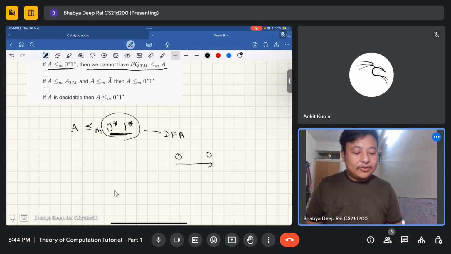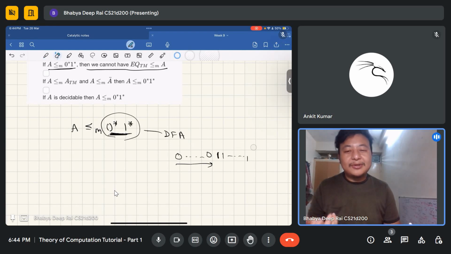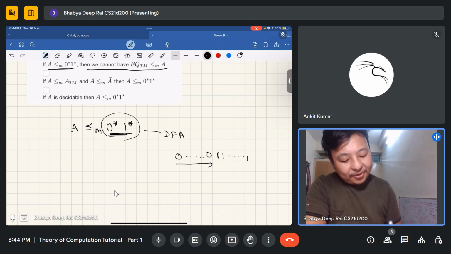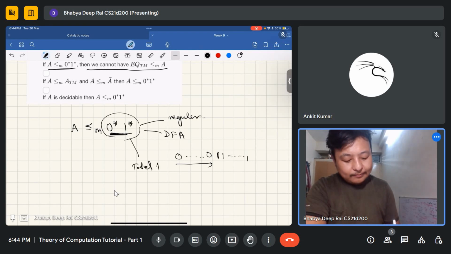As soon as you see that the zeros end, you check if there are only ones coming. If you ever see a zero here, then you will say no. So that is another way to say that this is decidable. But the important thing is it's a known regular language. It has a DFA, and therefore it has a total Turing machine, which means that 0 star 1 star is decidable.